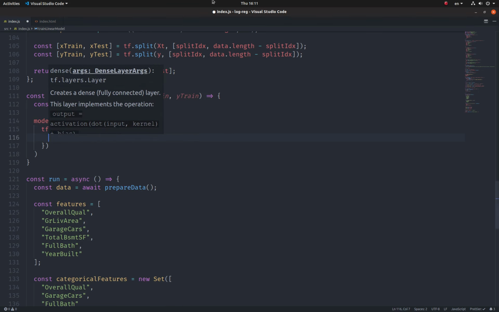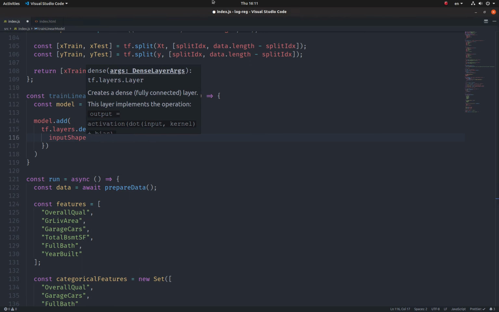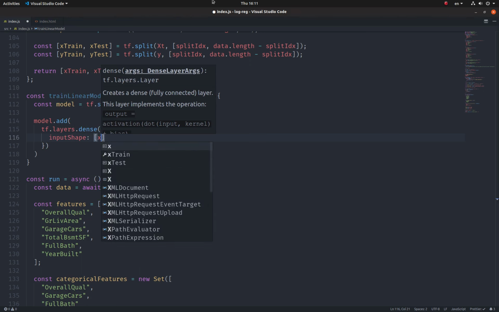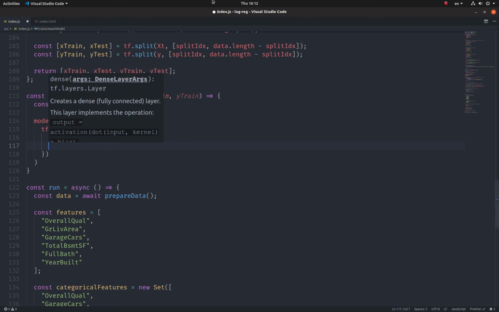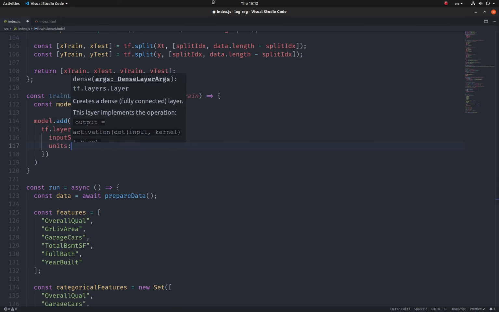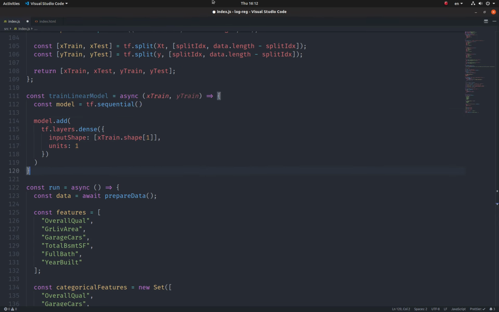And in this layer I'm going to put in the input shape of the training data that we have, and this is stored in the shape of the tensor. Remember, the 0th position actually tells us the number of rows in our tensor, and the first position tells us the number of columns in our tensor. And since this is a simple linear regression, we're going to need only one unit, so only one parameter that we are going to learn. Okay, so this is our model.